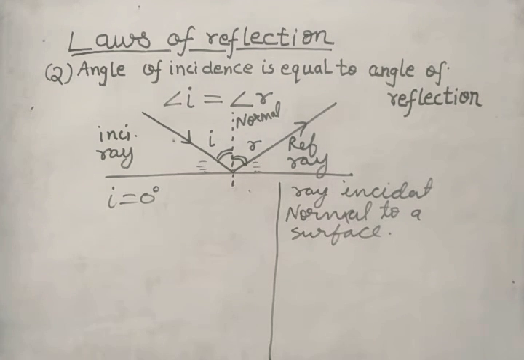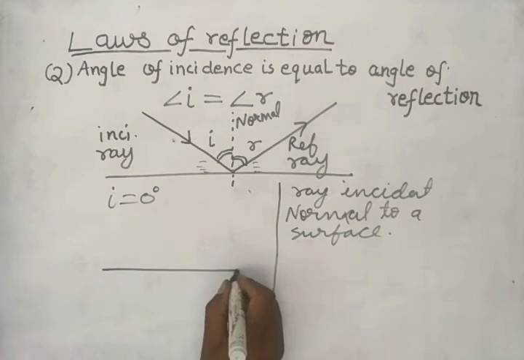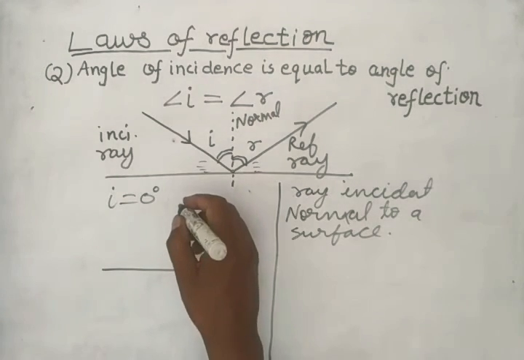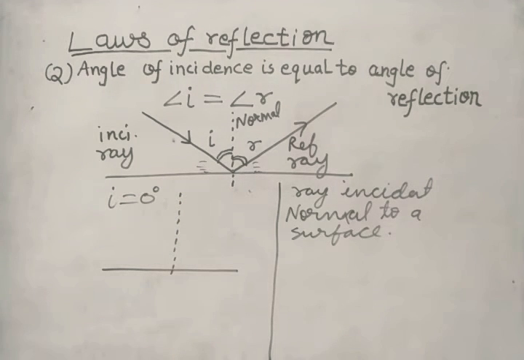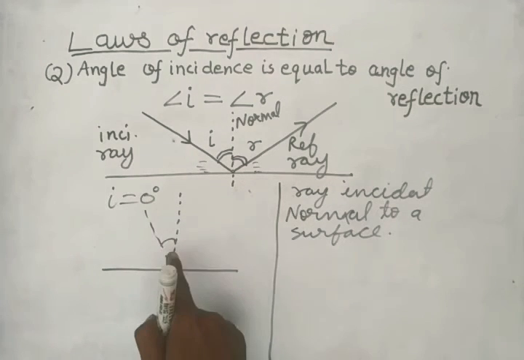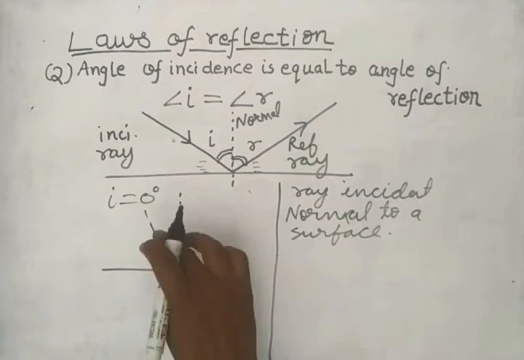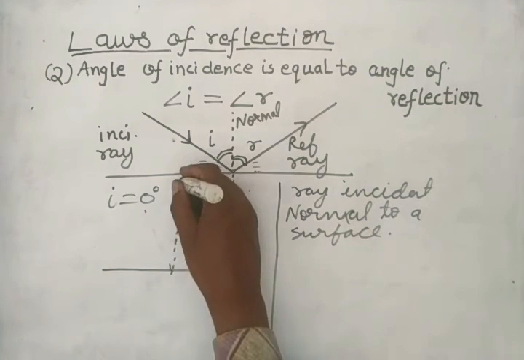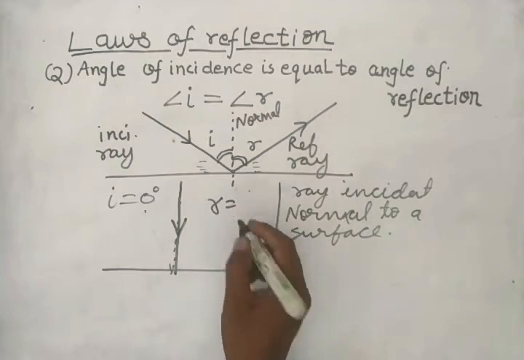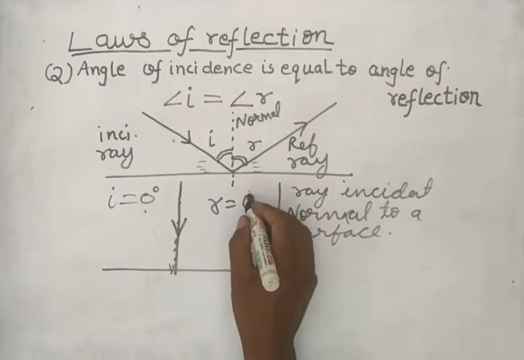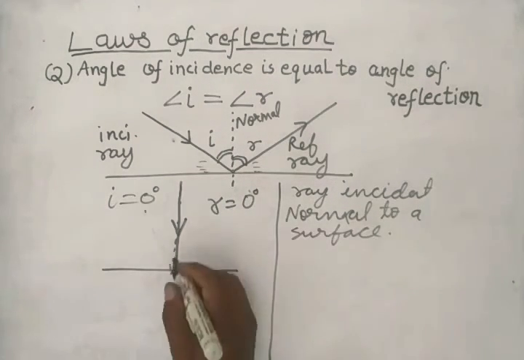Now what will happen? In the first case, I equals 0, how are we going to draw that? First we have to draw a normal. Now 0 angle means the angle is measured from here, and 0 angle means nothing. So what will be the angle of reflection? It will also be 0. How can we show that?